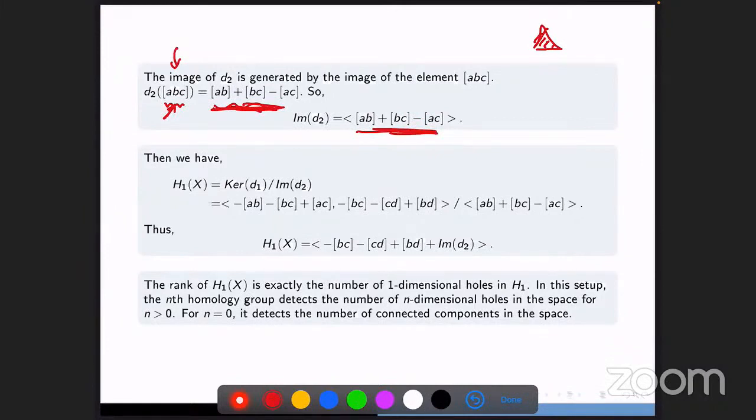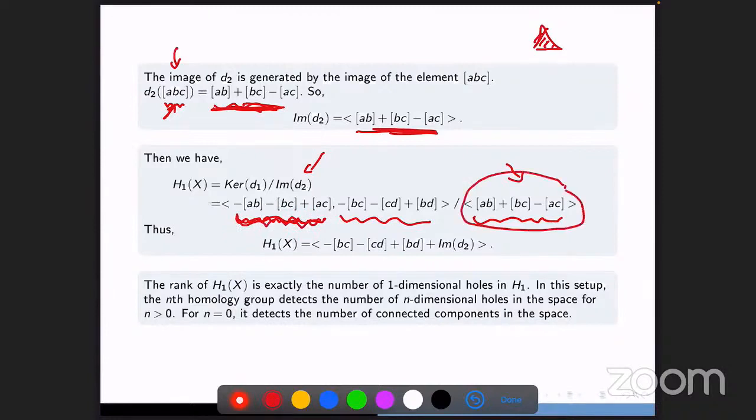And if we form this quotient group now, we have a group that is formed by these two generators, quotient, a group formed by this generator. But if you look closely, if you multiply this with -1, you will have this exact loop here, right? So this generator, whatever it's generated by this, will be vanishing in this one. It is already an element of this one.